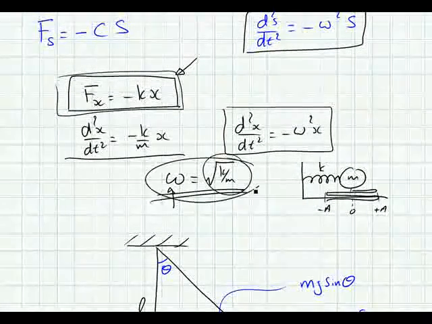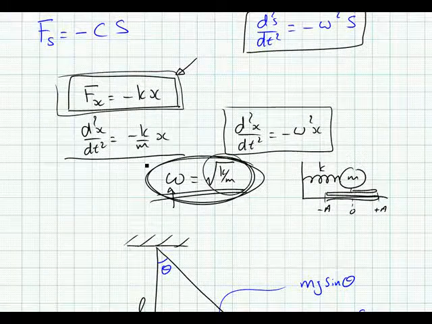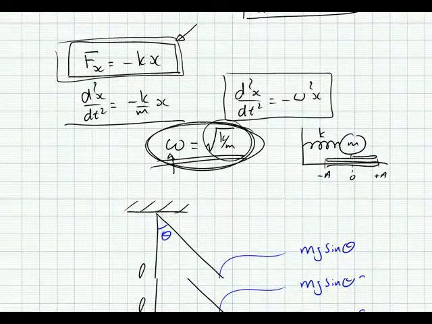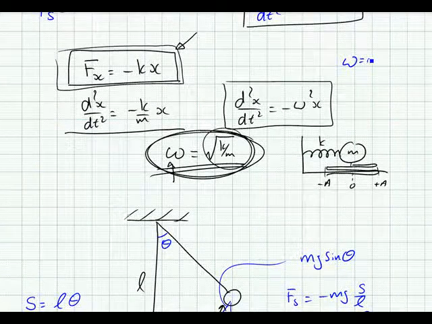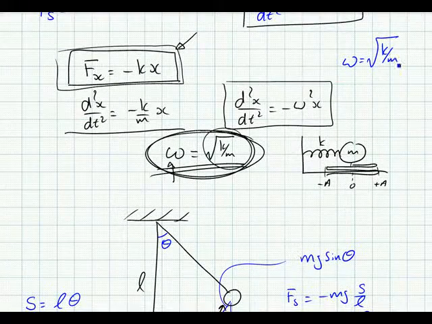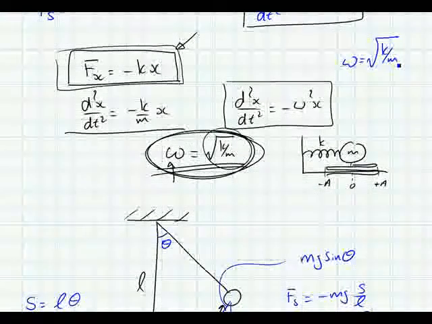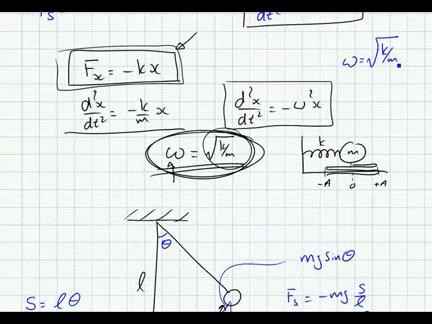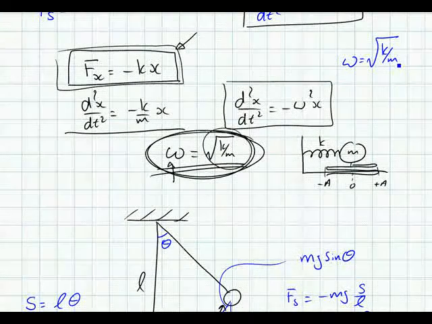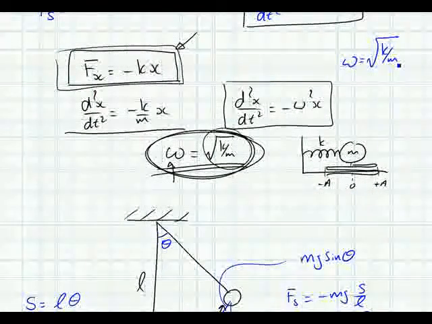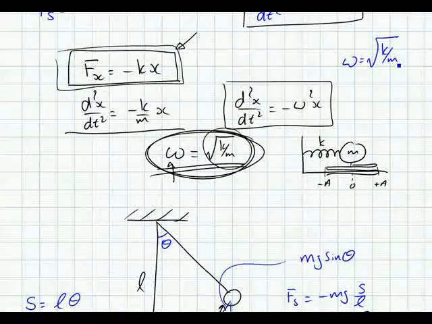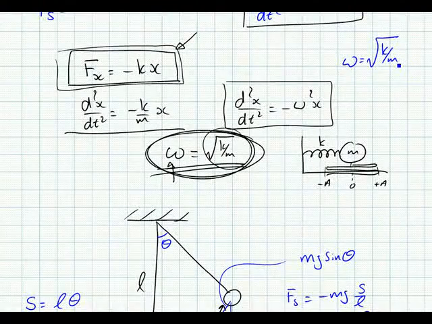The other important thing to note, as I mentioned, is that the frequency of oscillation is independent of amplitude. It only depends on spring constant and mass. Notice that if we have a larger k, which means a stiffer spring, then the oscillation will be of a greater frequency. And if we have a larger mass, the oscillation frequency will reduce, get smaller.